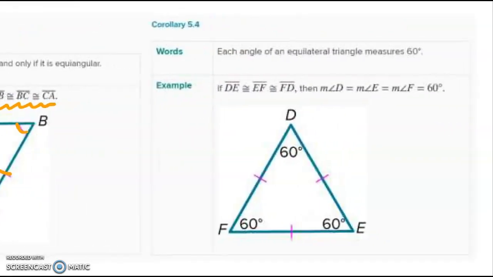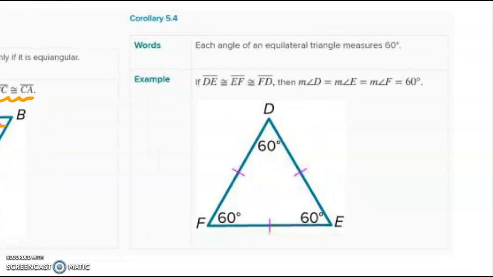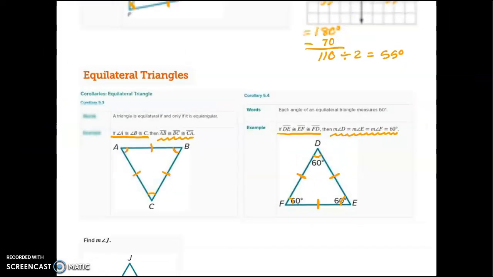Vice versa, if I know all three sides are congruent, whether I am given that or I find out, then I can go ahead and say, all right, well, now I know all three angles are congruent. And more so, we know then the only way for all three angles of a triangle to be congruent is if they're all 60 degrees. It's the only way that can happen. So specifically, they're congruent at 60 degrees each.